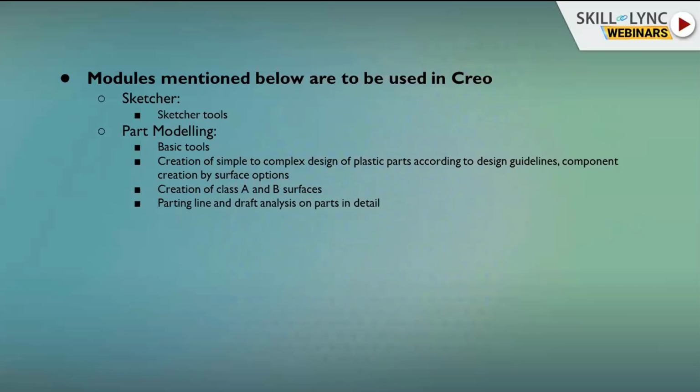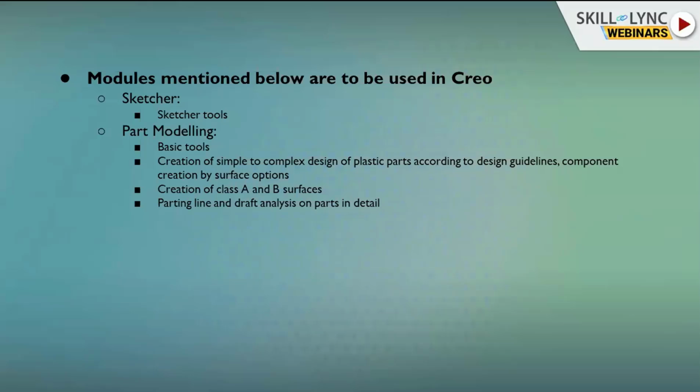In the part modeling module, we can create simple to complex designs of plastic parts according to design guidelines. Components can also be created with surface options in the part module, and we can create Class A and Class B surfaces.